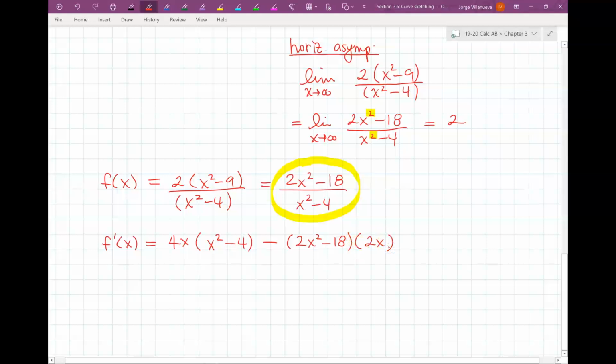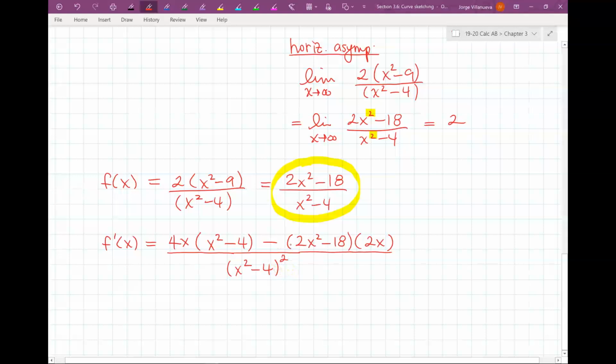Okay, the derivative of x squared minus 4 is 2x minus 0, or just 2x. And then you got to divide all of that by the bottom squared. So x squared minus 4, and then quantity squared.